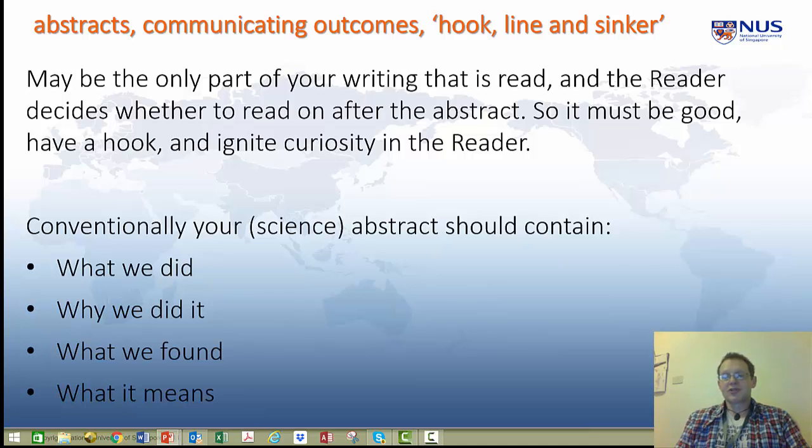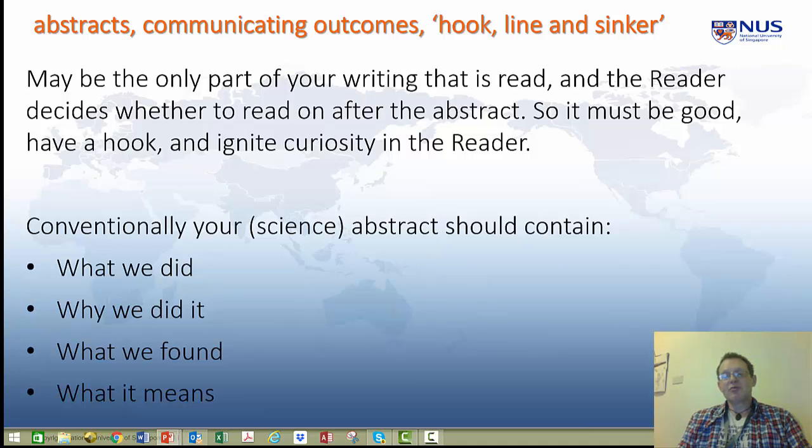There are two schools of thought on this. I tend to write my abstract in bullet points, and then write it properly at the end. But I know other colleagues who write it properly at the beginning and then write the whole paper to deliver that. Six of one, half a dozen of the other.